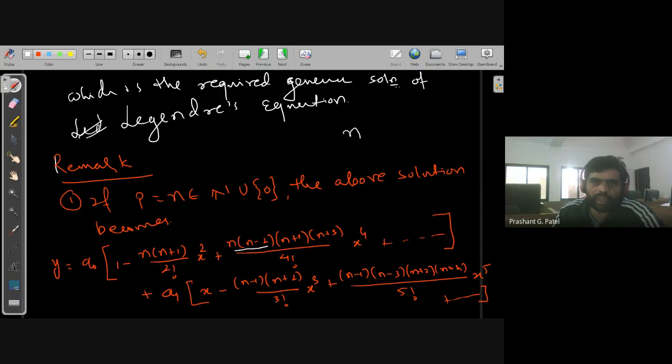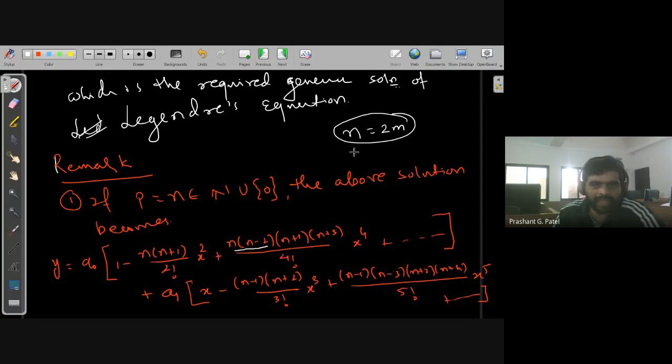So if n will be of the form 2m, then after some term, this y1 will become a polynomial.